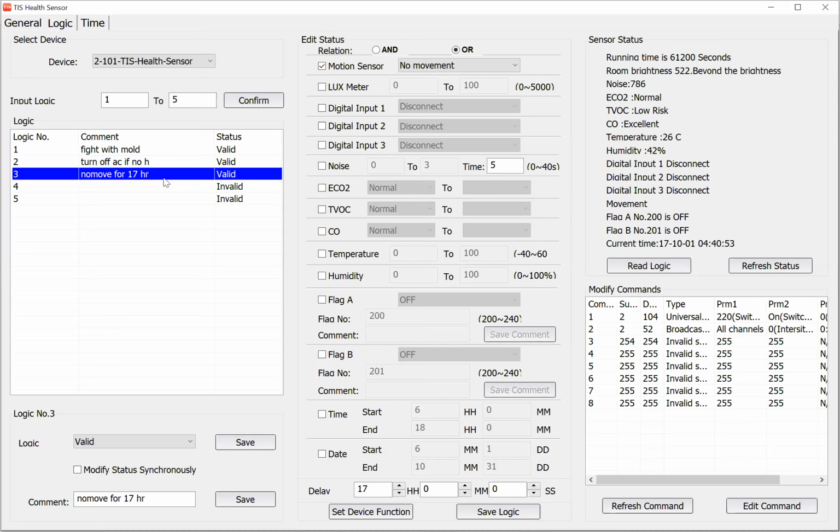No motion detected for 17 hours, okay? You understand about the humidity? Do you understand? If you have any question, please ask me.